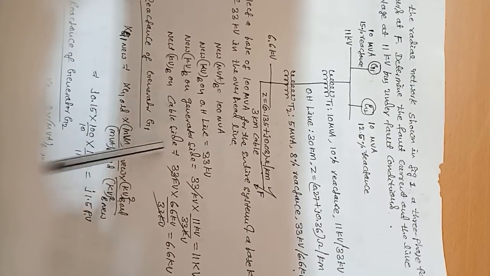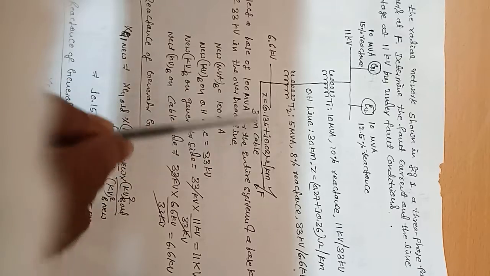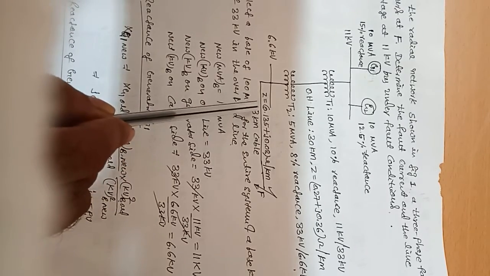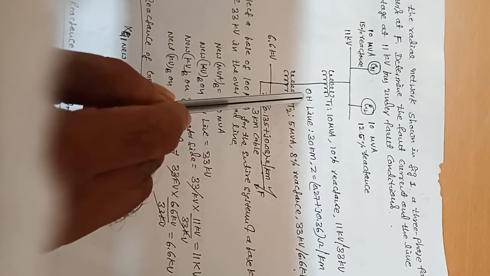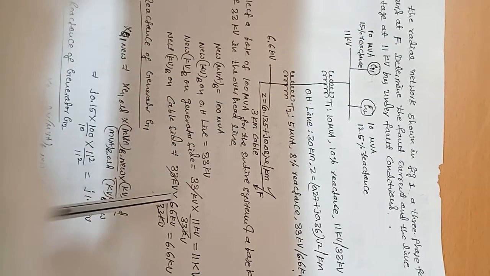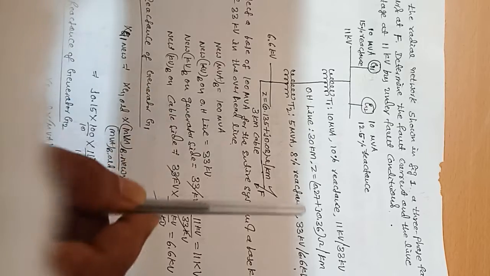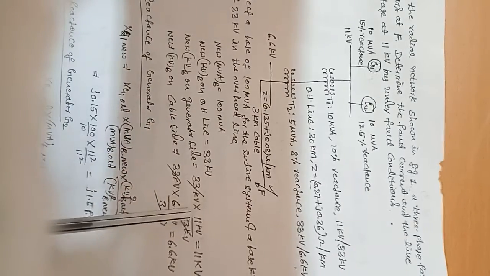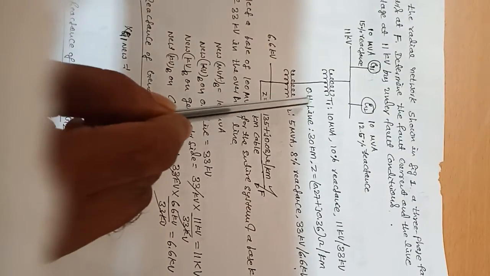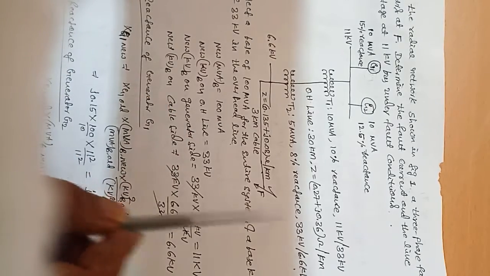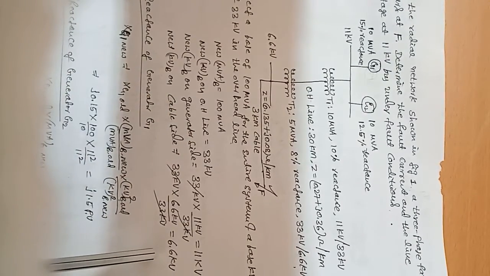Similarly, new kV base on cable side equals 33 kV into the rating of the transformer connected to the cable, 6.6, this is a step down, divided by the other side rating of the transformer, that is 33. So we will get 6.6 kV.